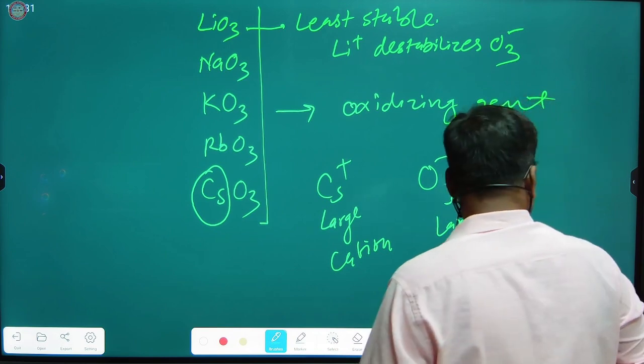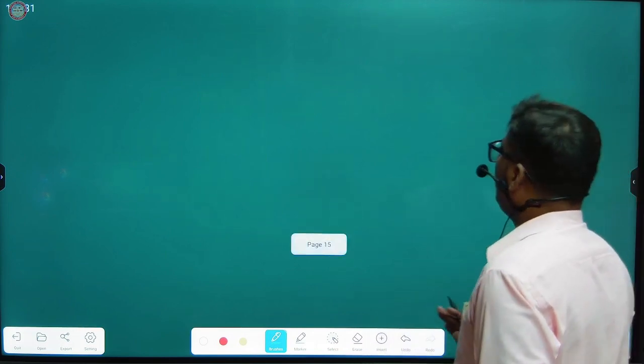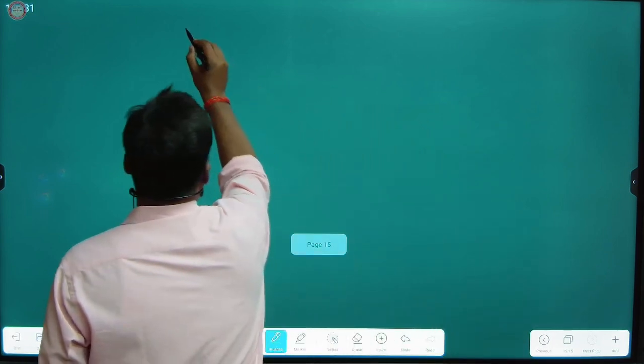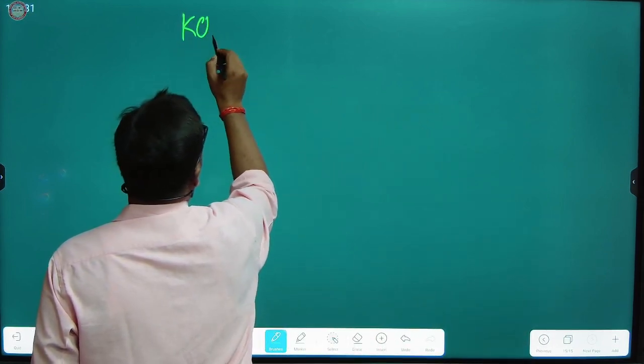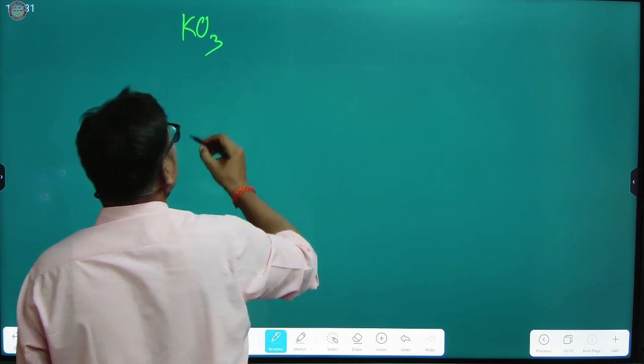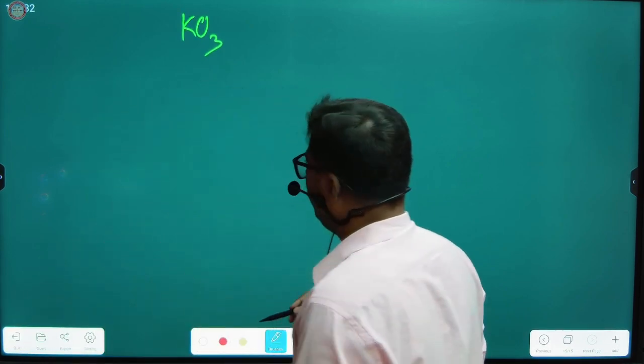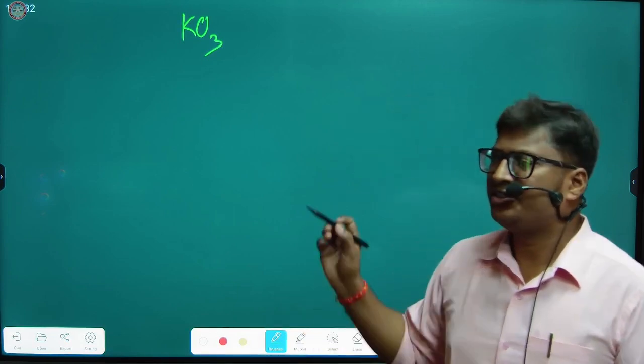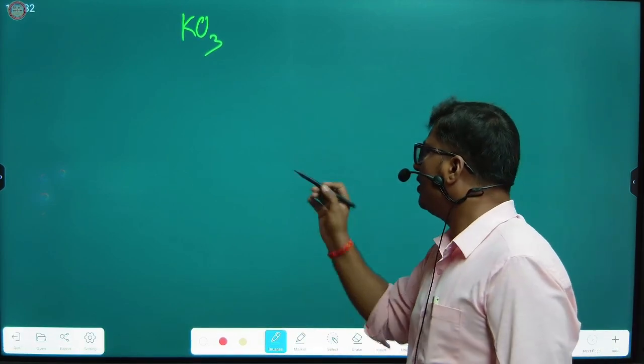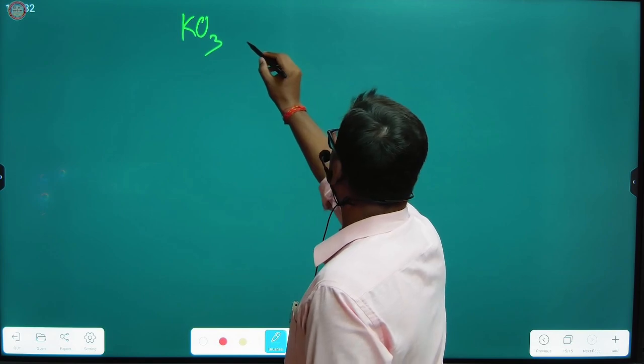So suppose we have potassium ozonide, KO3. It is thermodynamically unstable and it will undergo a decomposition reaction.